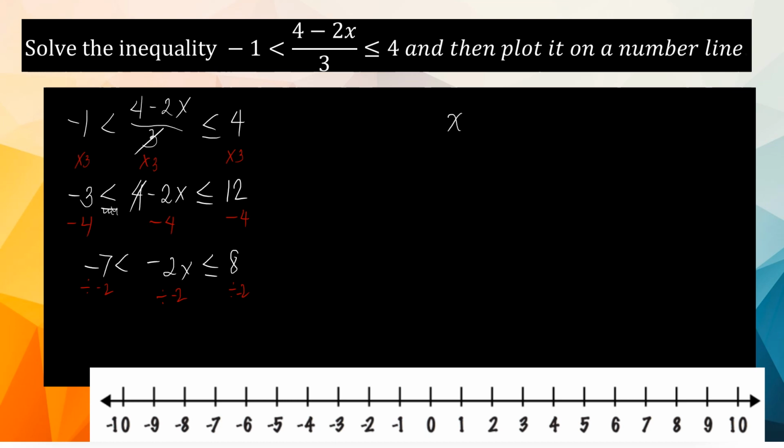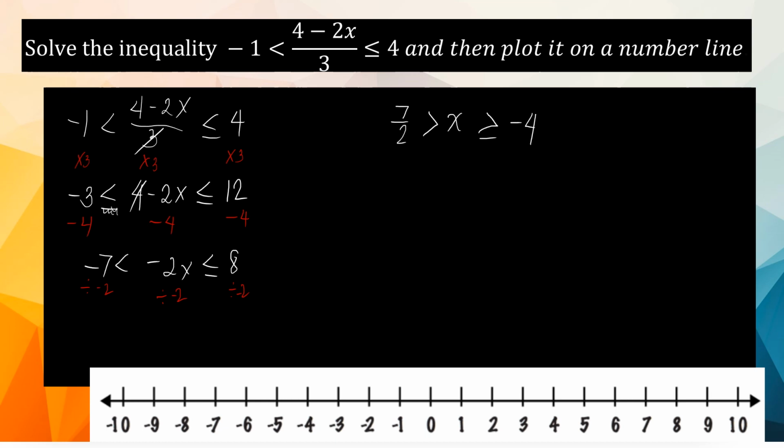And then remember, whenever we divide by a negative number, your inequality will reverse. So let's reverse it so we won't forget it. So this one will become greater than now, and the other side is greater than or equal to. And then you have 8 divided by negative 2, that is negative 4. And then on the other side, you have negative 7 divided by negative 2, which is positive 7 over 2, or 3.5, right?